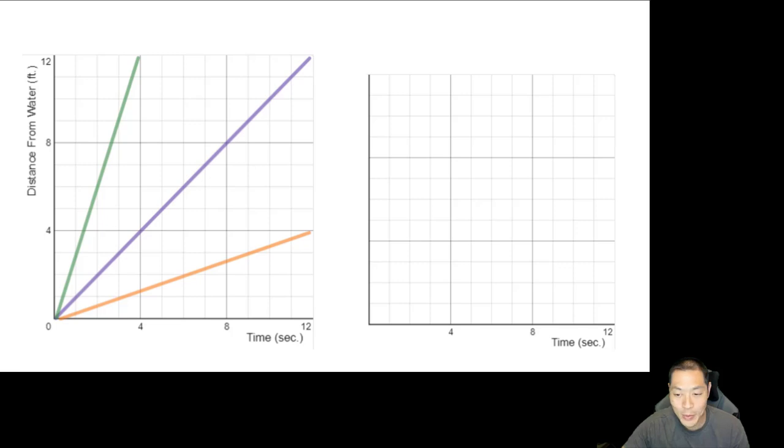Okay, what we have here now is positive slope. The green is the steepest, so it'll be up here. Purple, which is a little bit less steep, you can have down here. Oh, I should have extended it.